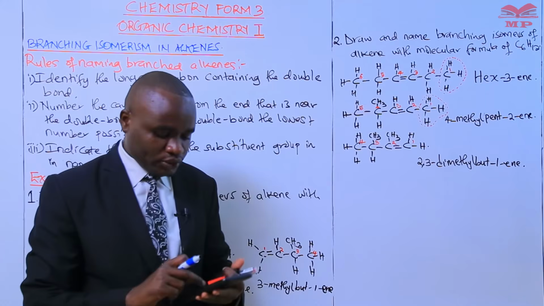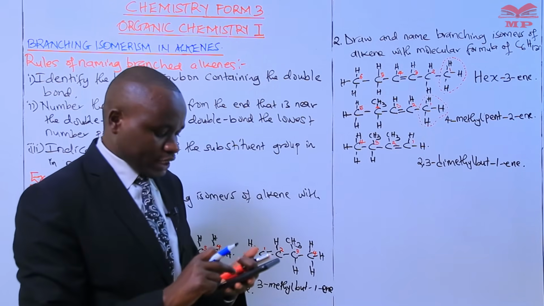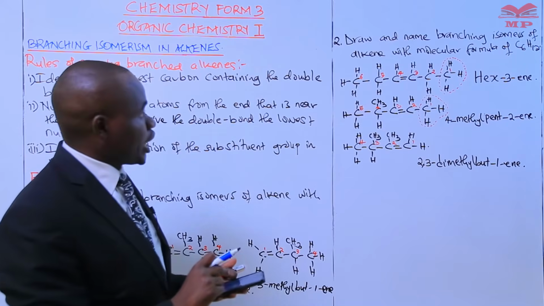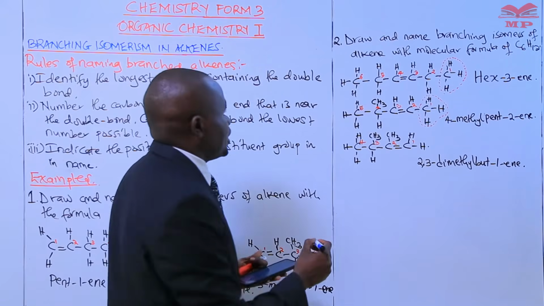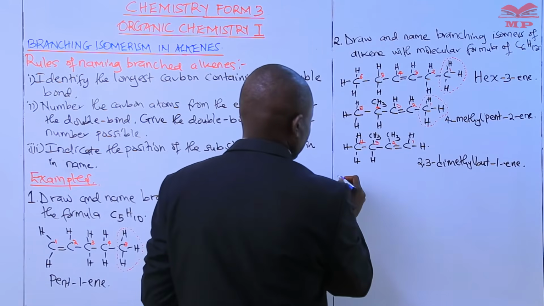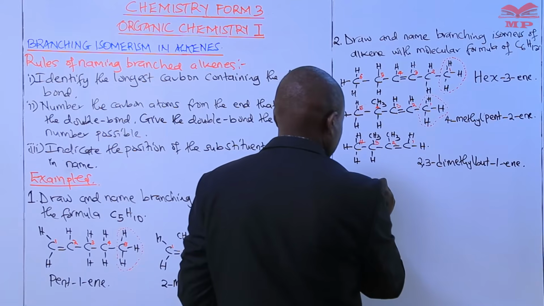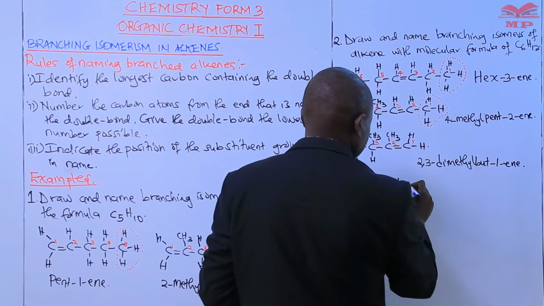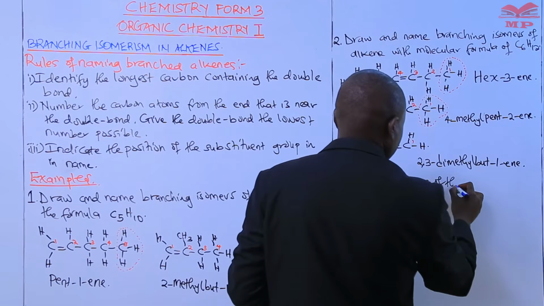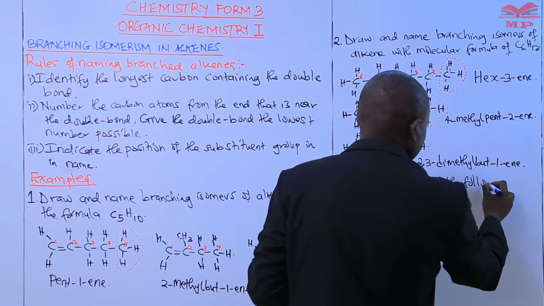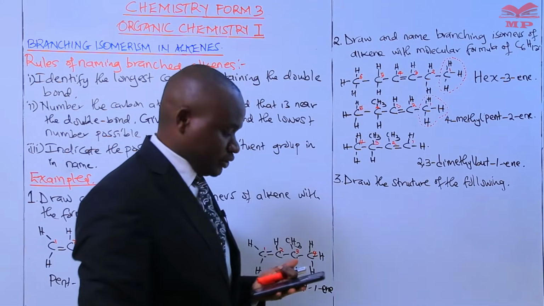Now, suppose you are given the name and told to draw the structure. How do you do that? That forms the next part of our examples. We want to see how you give the name, and how you draw the structure if you are given the name. So the next question is, draw the structure of the following. Remember, we are still looking at branched alkenes.